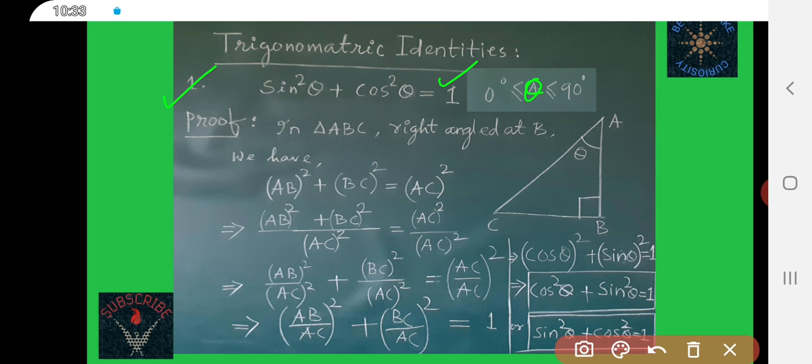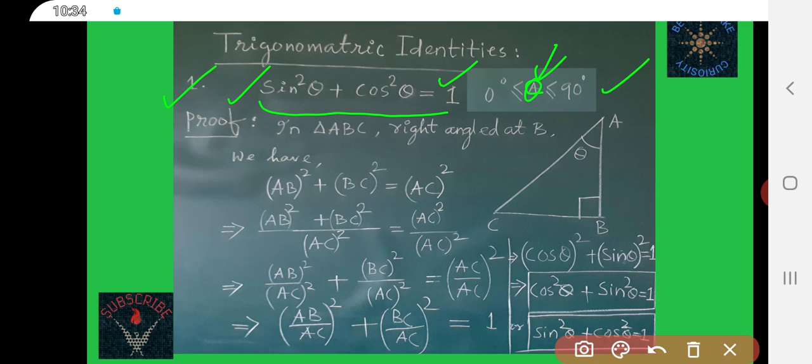Also all the values lie between 0 degree and 90 degree. So 0 degree less than or equal to theta, less than or equal to 90 degree. For this value of theta, this equation is satisfied. So this is an identity.